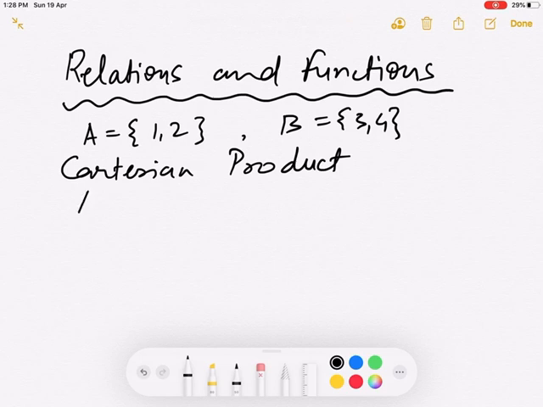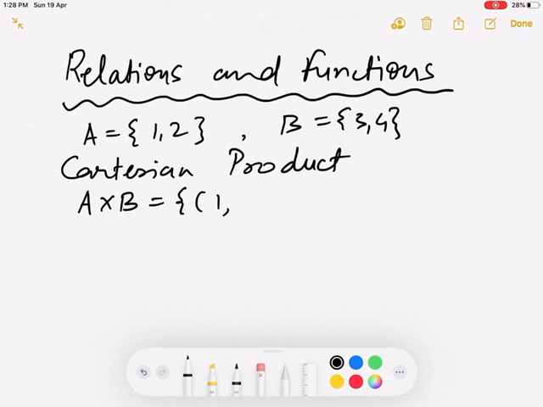If you can recall, we defined the Cartesian product as A cross B, a set of all ordered pairs such that the first element comes from A and the second element comes from B.